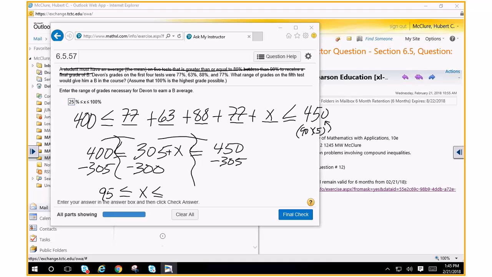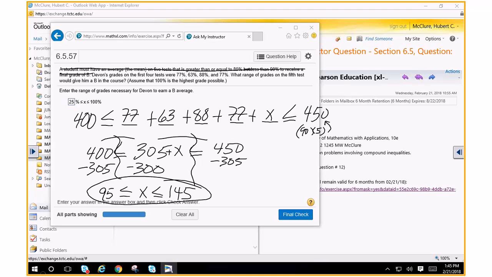And what's 450 minus 305? 130, 115? 145, 135? I don't know. What is it? 145? Huh? 145. Now, what's wrong with this picture?